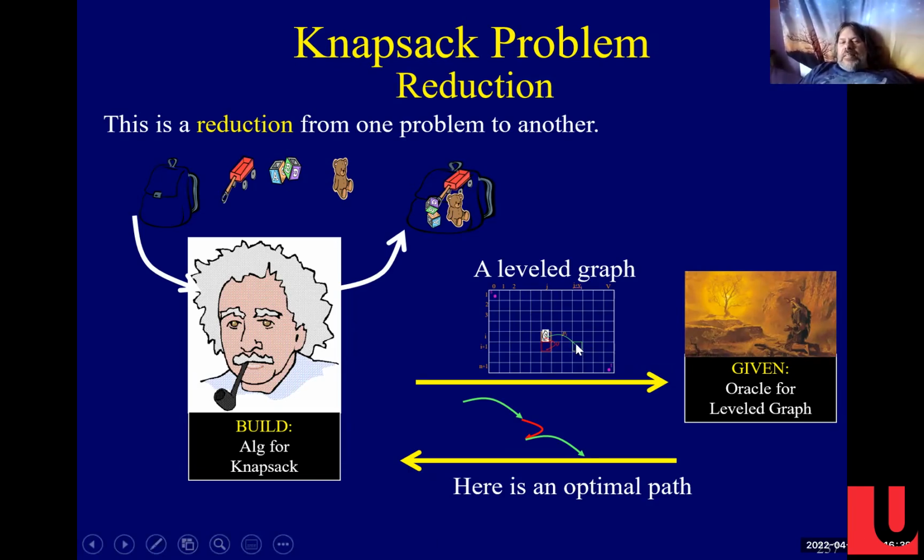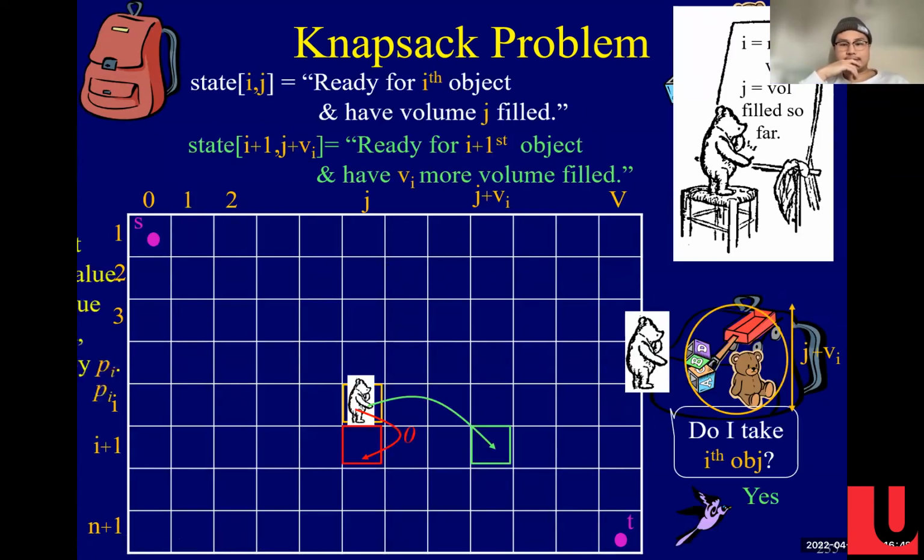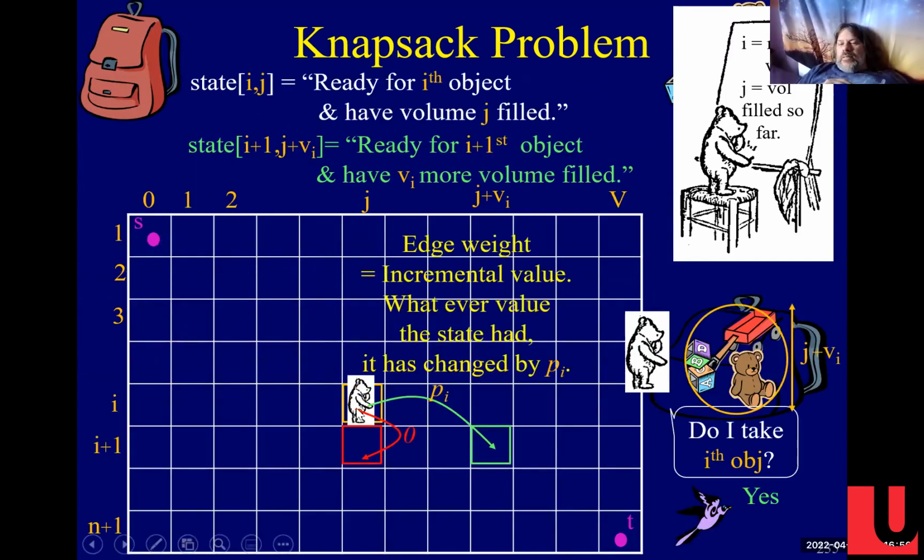In this case, we're just laying out the graph, right? We're saying if he ends up here, I don't know whether he will end up here or not, but if he ends up in this state, what state is it? It's the state that he's ready to consider object i and the knapsack's full, right?